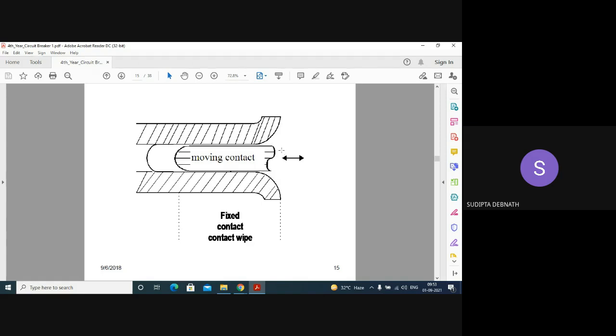So a sufficient portion is always in contact under high pressure exerted by some mechanism, it may be a spring mechanism or any other mechanism, and this common portion is called contact wipe. There is wear and tear in this portion.